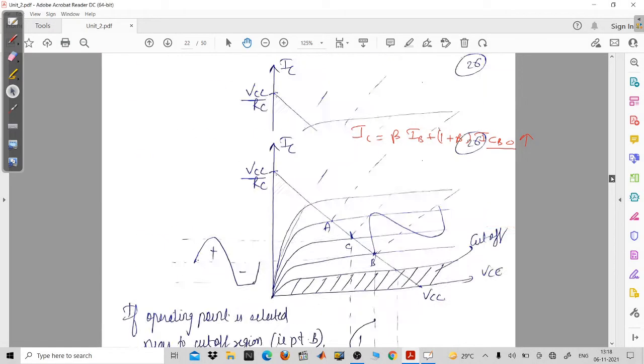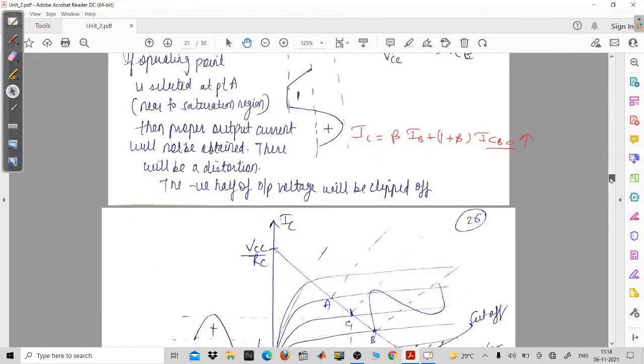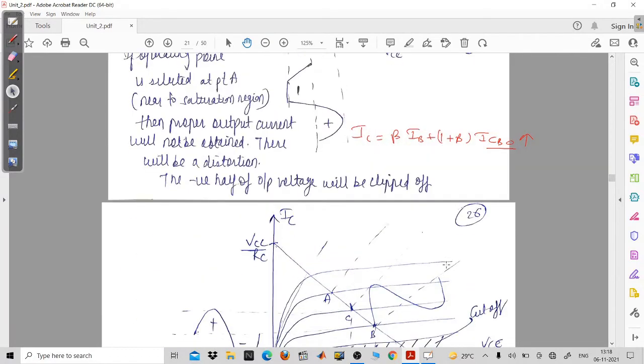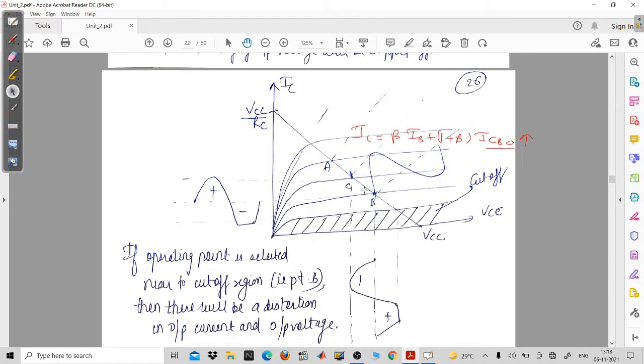You can see here from this waveform, when the IC increases, there will be a shift in the operating point. So there will be a shifting in the operating point.